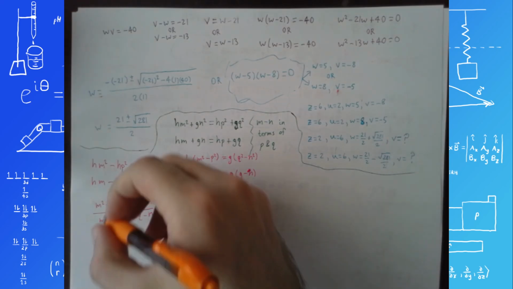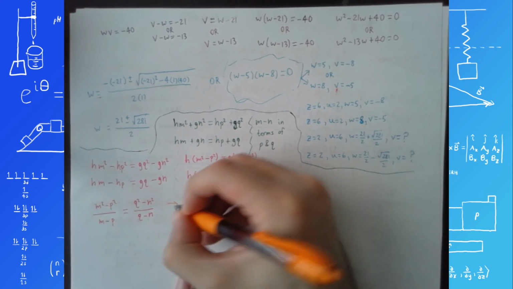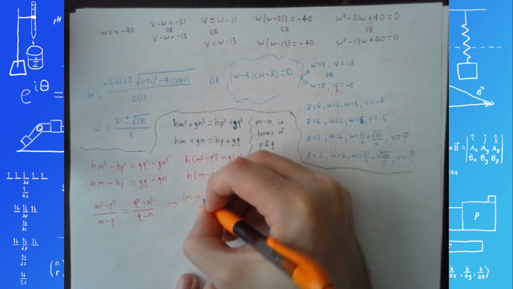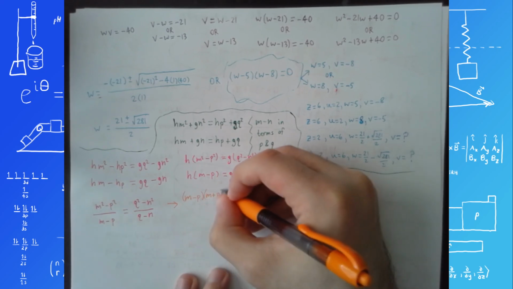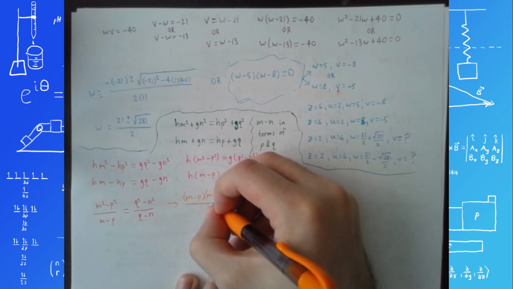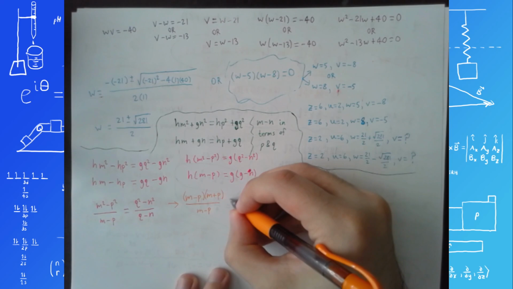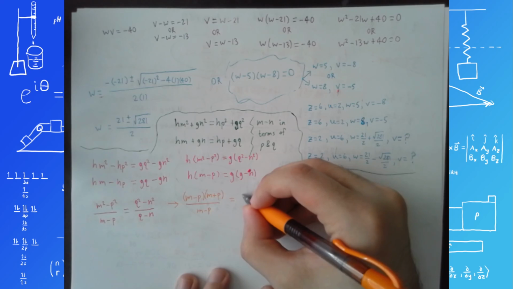M squared minus p squared simply becomes m minus p times m plus p, over m minus p, equals q squared minus n squared, which factors in a similar manner.